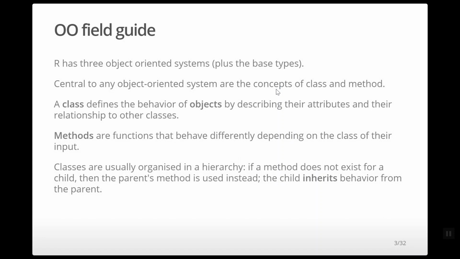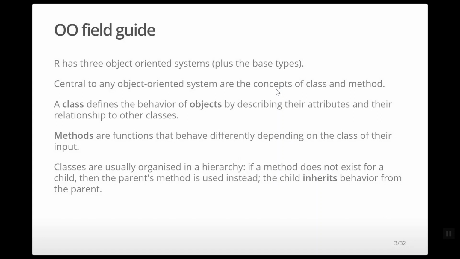So R has 3 object-oriented systems, of course, because we couldn't make it simple, plus the base types. And the most important thing in object-oriented systems is the class and the method, okay? A class defines the behavior of objects by describing their attributes and their relationships to other classes.